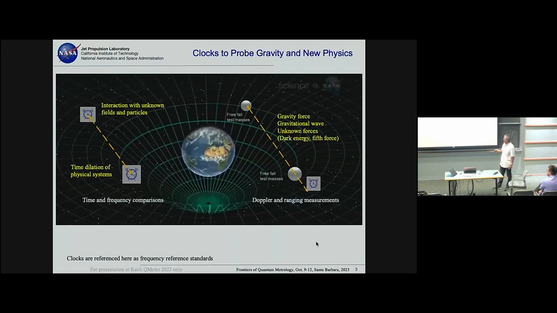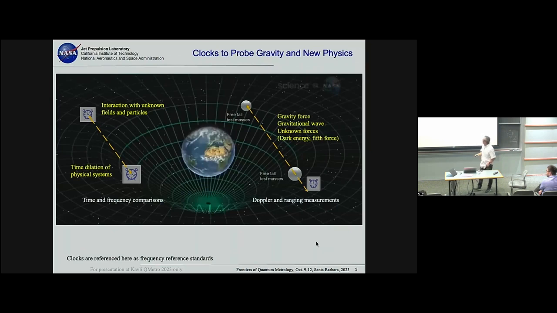And for that, you need a ruler, and really the clock provides a ruler for such a measurement. This can be used for gravity force measurement and gravitational waves, and also unknown forces of gravity nature, like dark energy, fifth force, or violation of gravity.